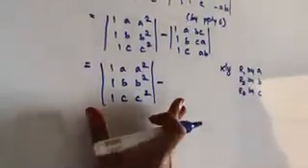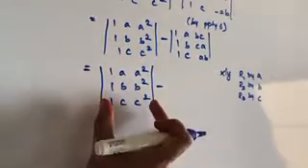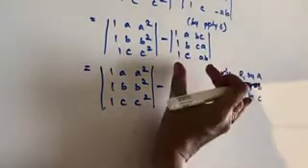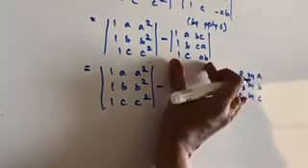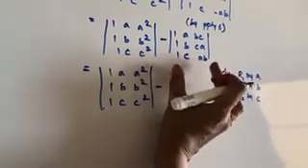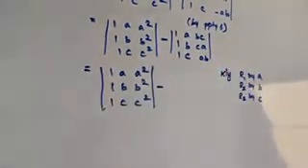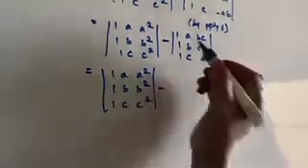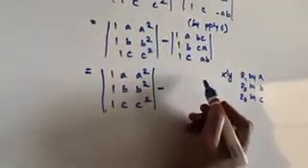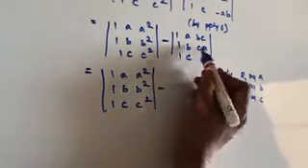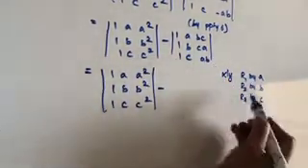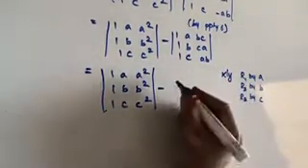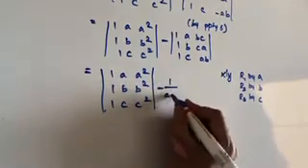So, now we will keep the first matrix as it is and make some changes only on the second matrix. Without changing the value, I am going to multiply row 1 by a, row 2 by b and row 3 by c. For that, we have to divide the whole matrix by abc.